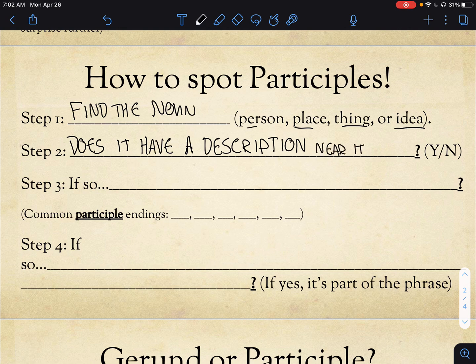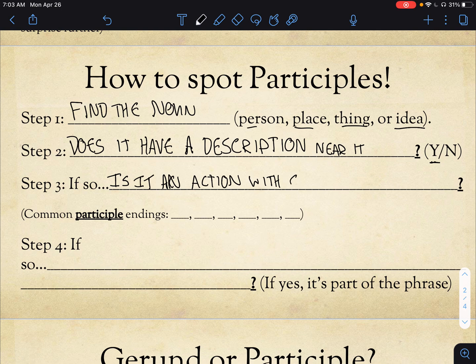If not, great, you're done. But if it does, then move to step 3. If so, is it an action, with some of the endings below?